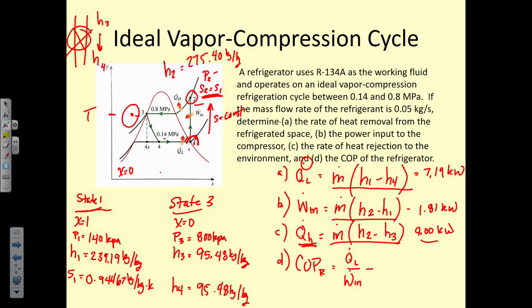If we were to do an energy balance on this whole thing, we would find out that work in is equal to Q sub H minus Q sub L. Nope, opposite, sorry. Q sub L minus Q sub H. So the math checks out on that, fortunately. And then our coefficient of performance we calculate to be 3.97.